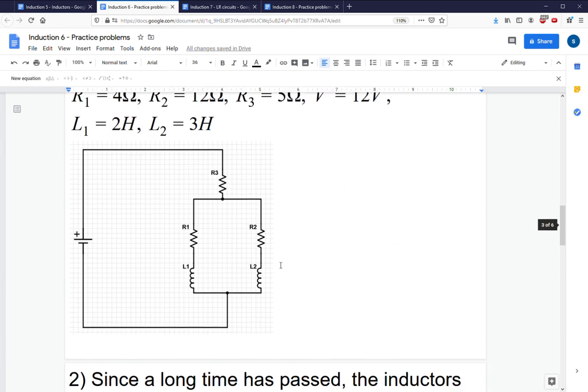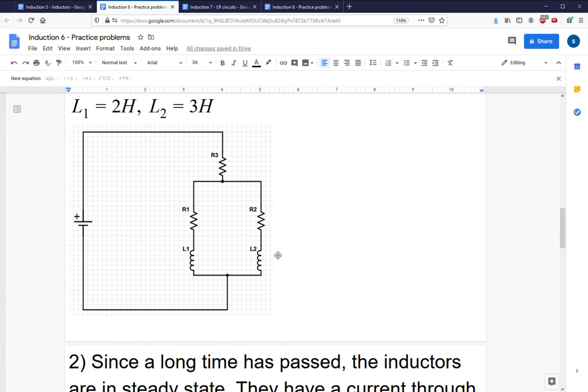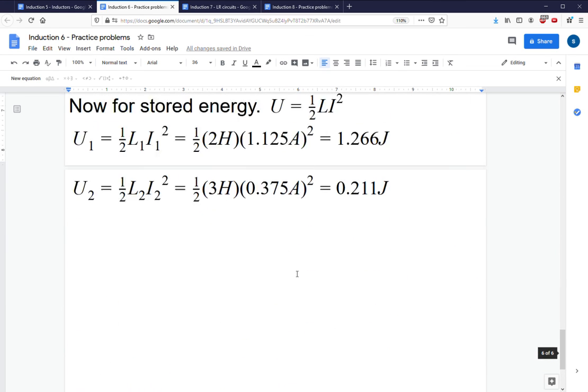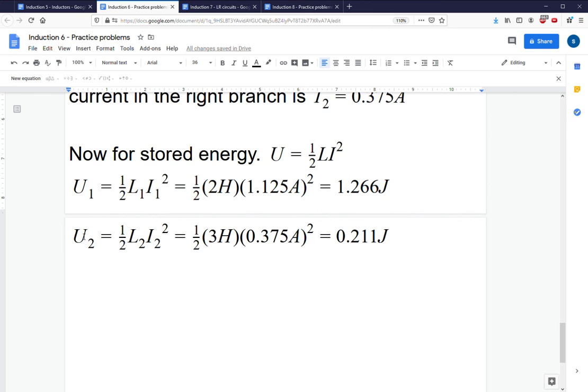For inductor 2, that's in series with resistor 2, so we can use the current in resistor 2 as the current in inductor 2. And the energy is therefore 1/2 times the inductance of inductor 2 times the current of inductor 2 squared, or 1/2 times 3 henries times 0.375 amperes squared, which gives us 0.211 joules.